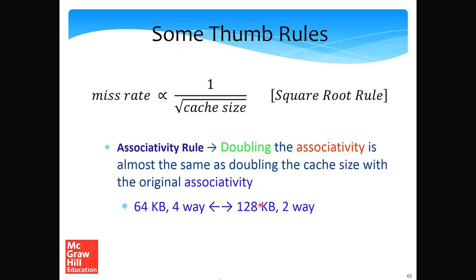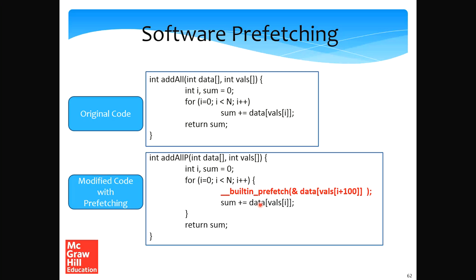Let's now move to the next slide where we will look at what is called software prefetching. There are two kinds of prefetching algorithms: software prefetching and hardware prefetching. In hardware prefetching, we have a hardware circuit that looks at the memory accesses and then tries to guess what we'll access in future, and it tries to fetch that from the lower levels of the memory system.